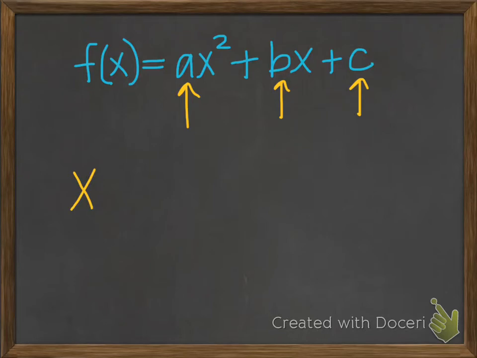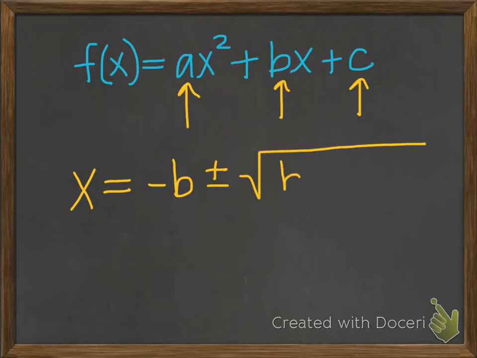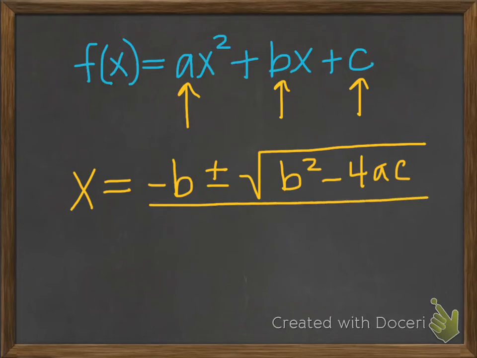X, that's the value we're trying to find, or the values if there's 2 solutions, or there's not a solution at all, equals negative b, or the opposite of b's value, plus or minus, which I'll talk about that weird symbol, the square root of b squared minus 4 times a times c all over 2 times a.